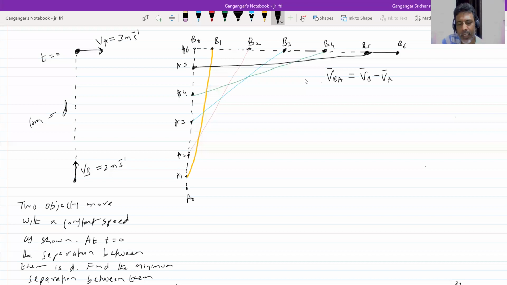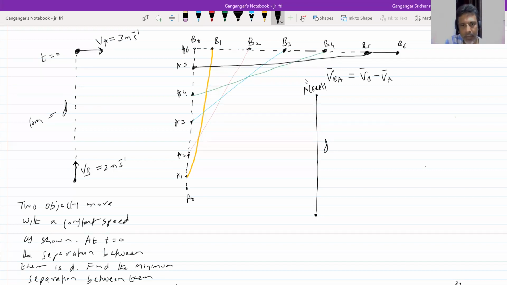Okay, I'll come here now. VBA. I'll solve this problem in a very simple way. There's a distance of separation. There's a person A. I will find VBA. What direction will it come? So let's analyze the vector diagram.